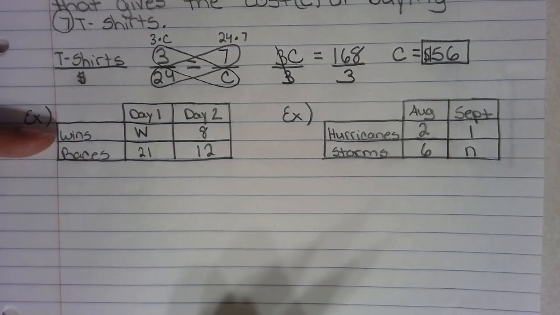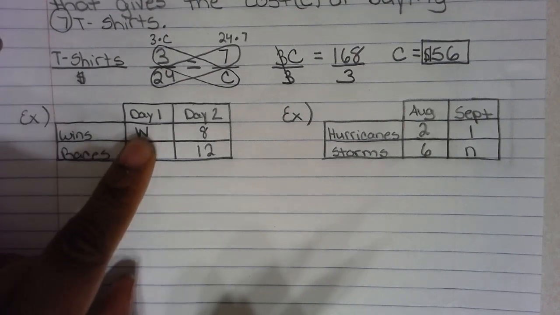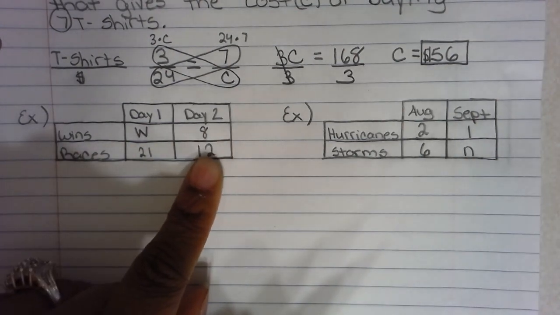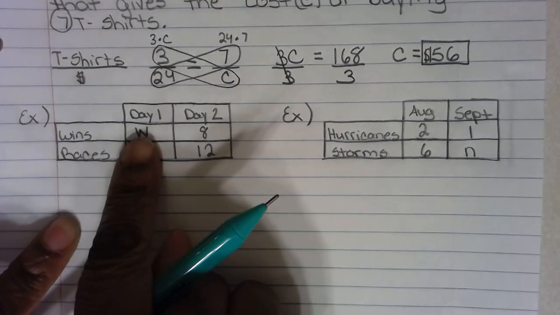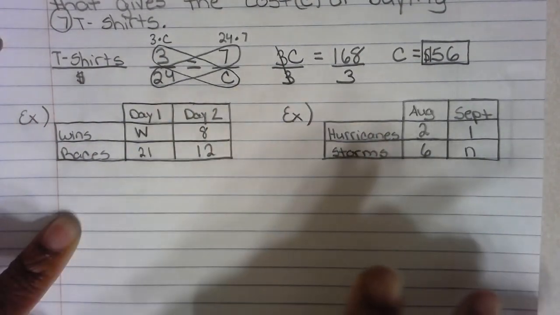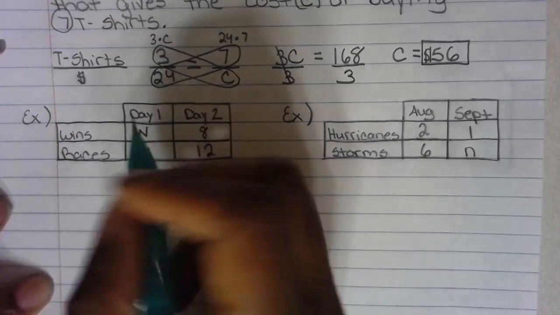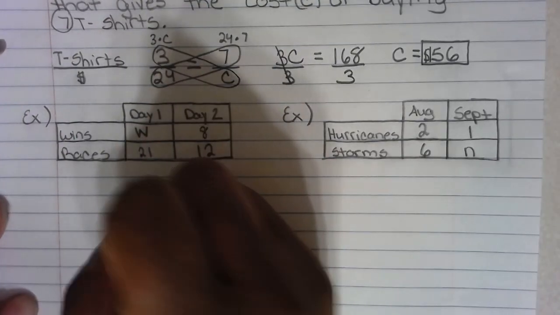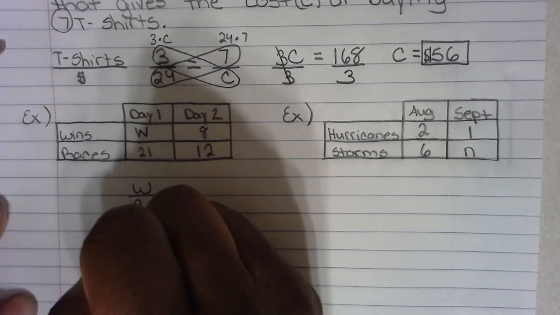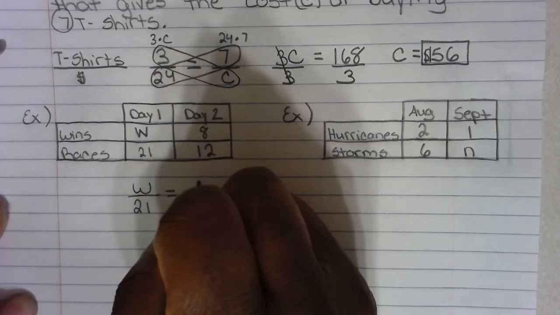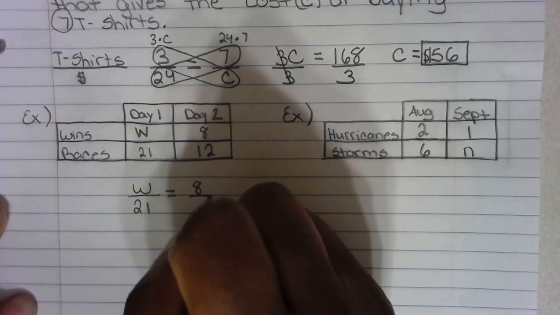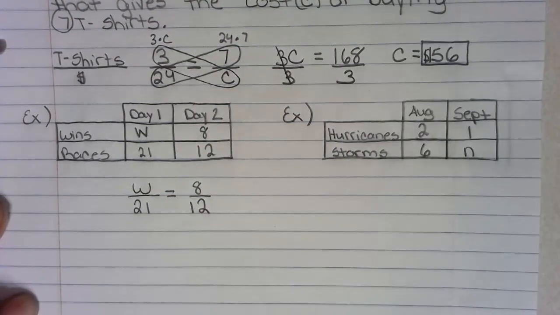Our wins are in the numerator, races are in the denominator. You don't really have to do a lot to set up your equal ratios, because it's already set up. You just take this information and rewrite it. W over 21 equals 8 over 12.